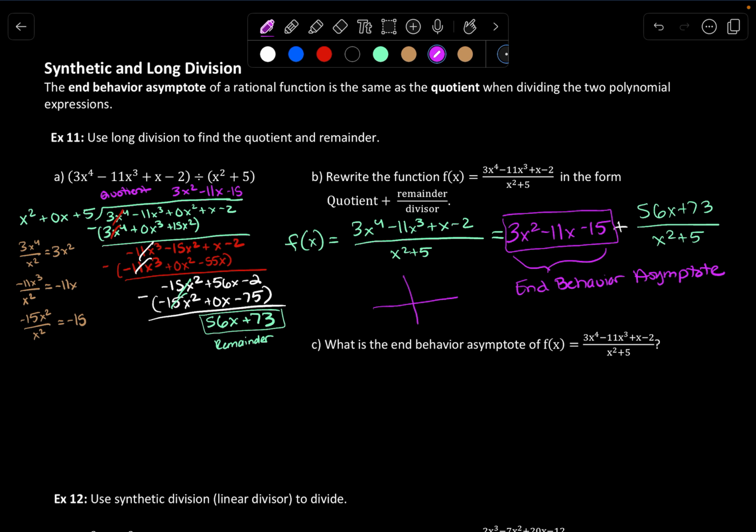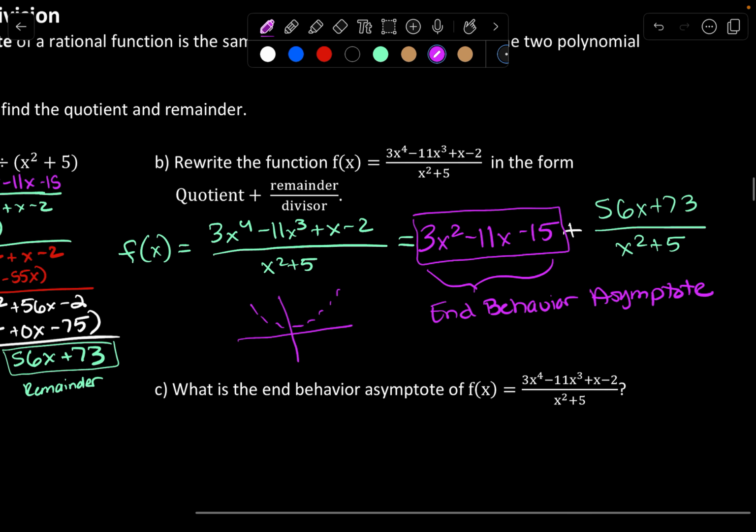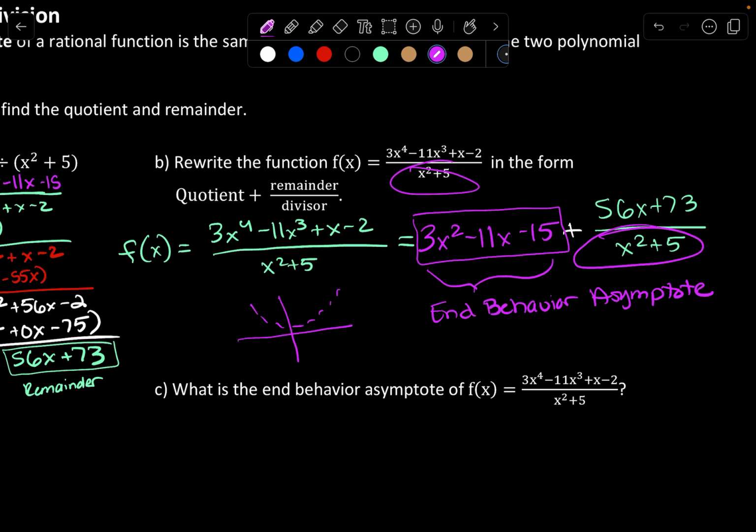So we have this quadratic in here, which means the ends of the graph will be tending towards that. We don't have any vertical asymptotes because there's nothing you can put in the denominator that will make it 0. So this asymptote is the only asymptote affecting the ends of the graph.